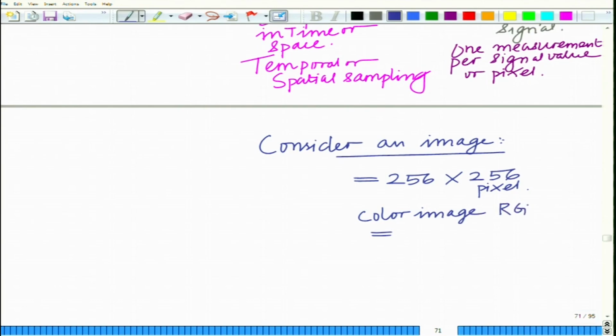That is RGB, so for each of these components you need 1 byte for each pixel, which means 3 into 8, that is 24 bits per pixel.